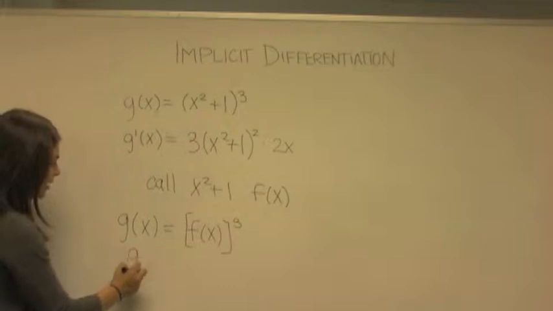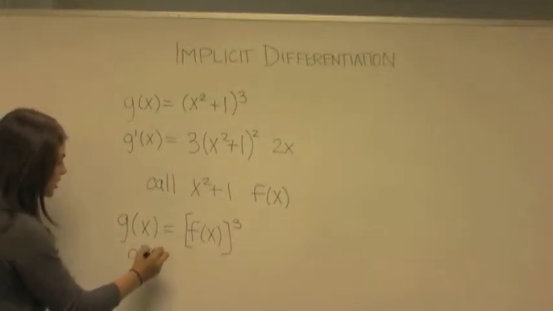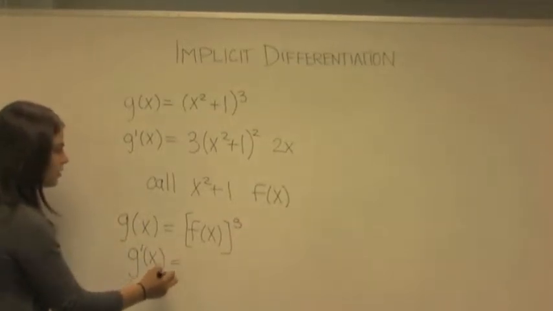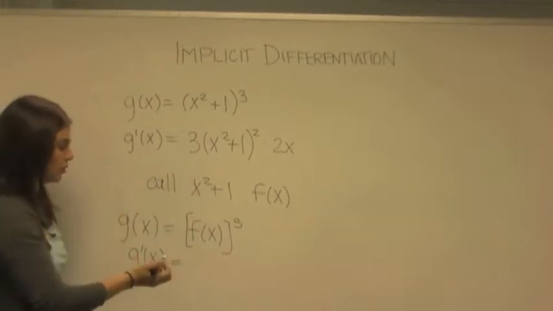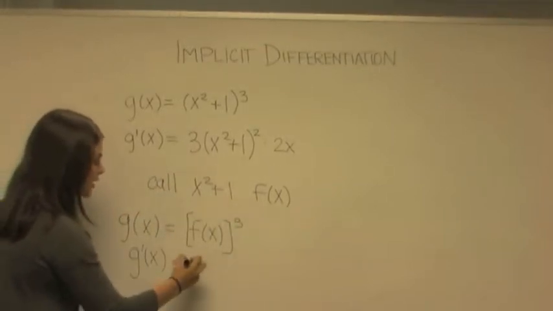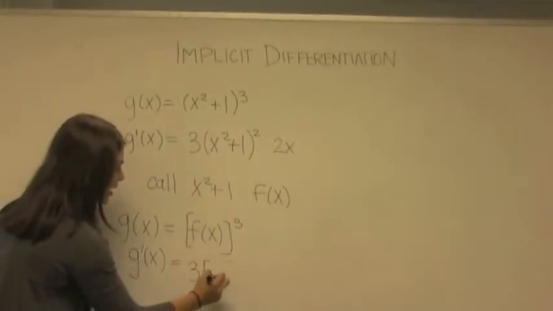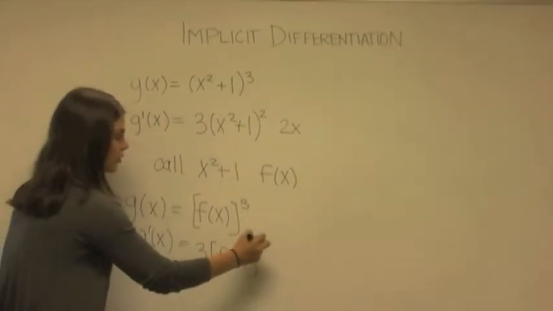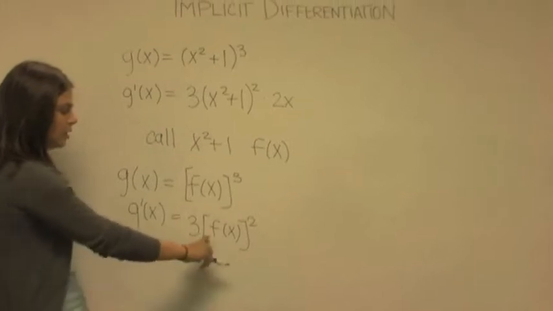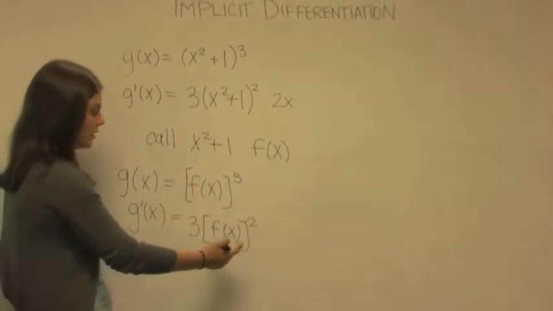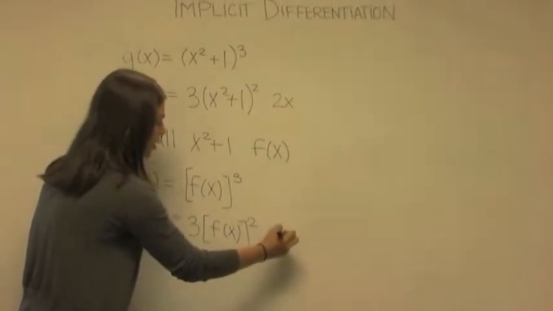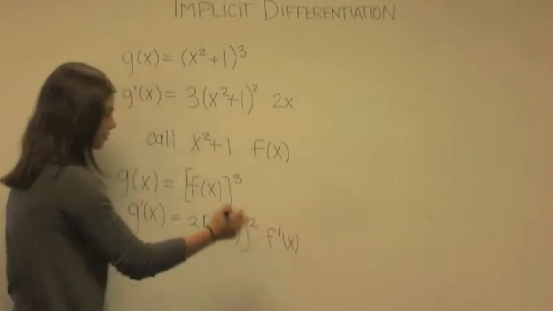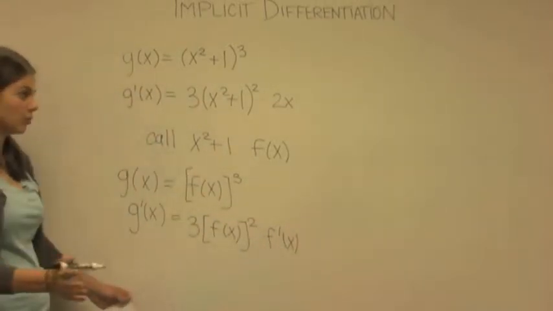And then when we find the derivative of g of x, we do the chain rule. Bring the exponent down to the front and multiply by the inside, subtract 1 from the exponent, and then multiply by the derivative of the inside, or f prime of x. So that was a little bit of chain rule review.